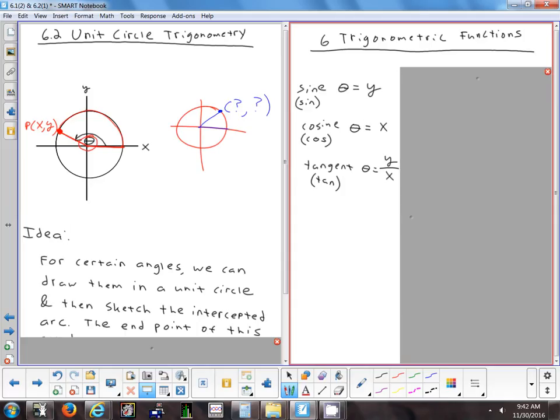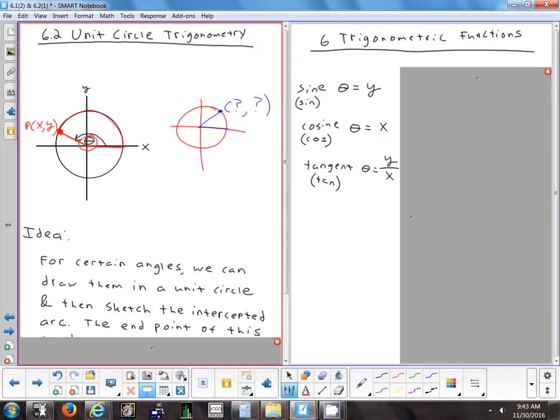So if you know the y value of this coordinate, that would be the sine of this angle. That's a definition. If you wanted the cosine of that angle, you draw it, find the coordinates of that point, and for cosine, all you need is the x value.